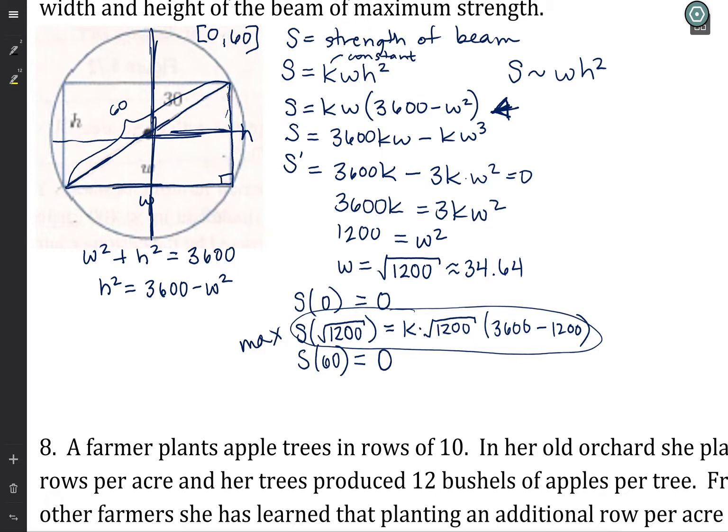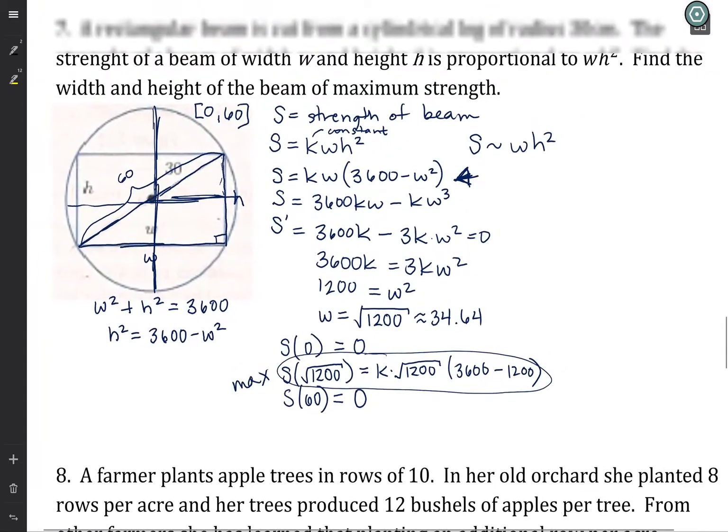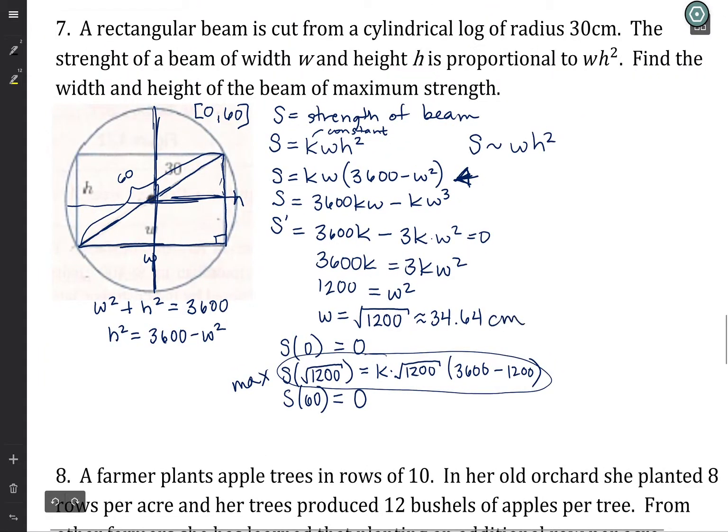Okay, last step. We know that our width should be about 34.64, let me check what my units were, centimeters. We also want to know what our height should be. It's the square root of that thing, so our height can come from this right here.